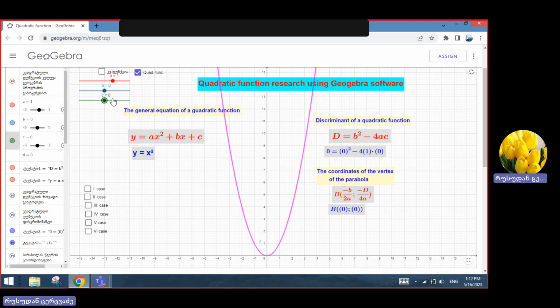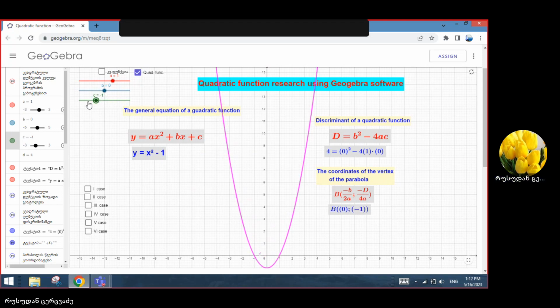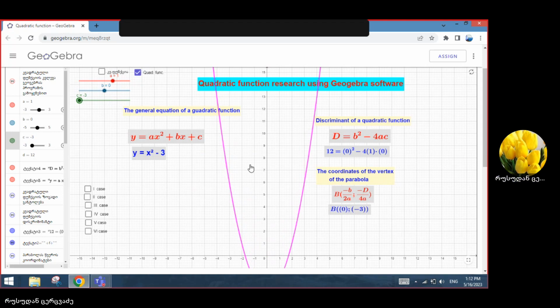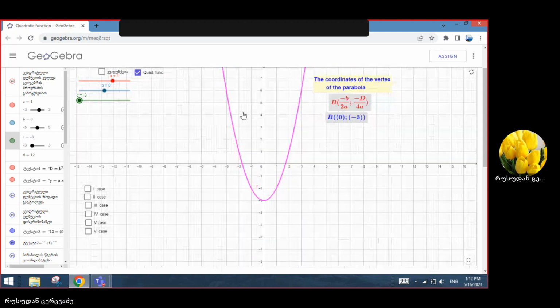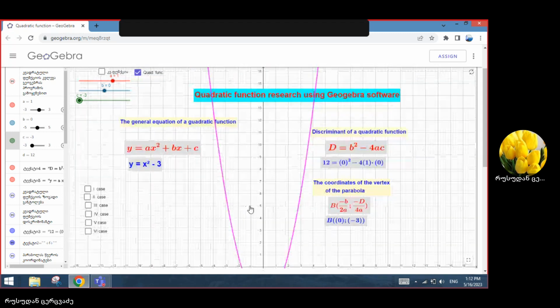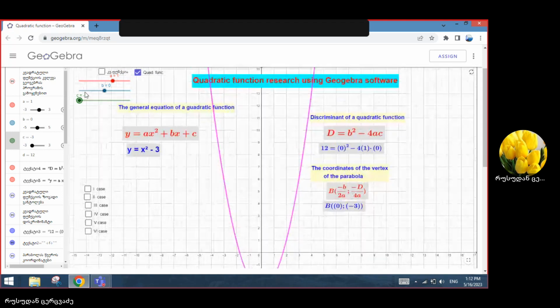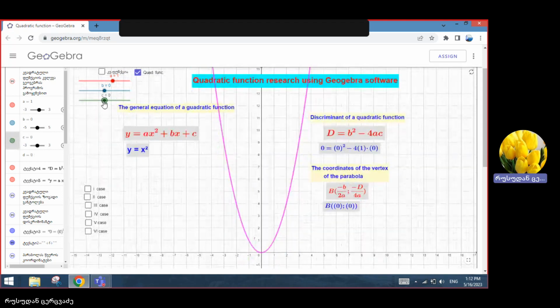In this case, the graph will go down by C units. So the coefficient C shows where the parabola crosses the y-axis. After this, let's consider different cases.